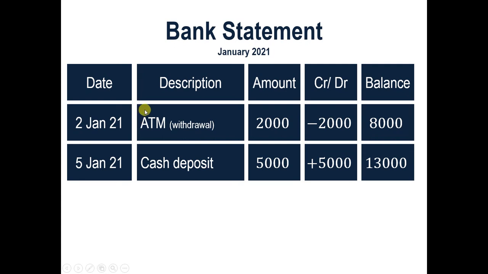Like for example, if I am taking a withdrawal from the ATM, I am taking cash out from the ATM. So the bank will take this transaction as a negative number because the money is going out of the bank. It is negative 2000, for example. And if I am depositing cash of 5000 in the bank, the bank will take this transaction as a positive number because the money is coming into the bank.